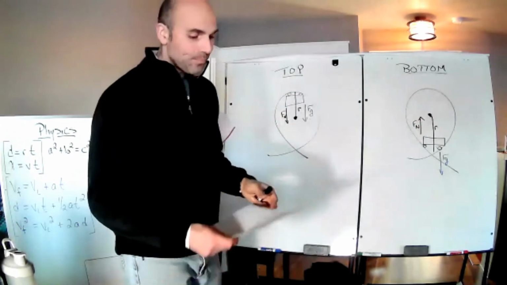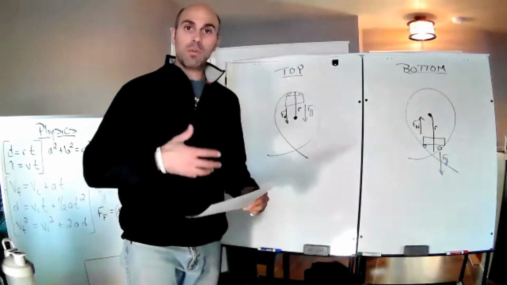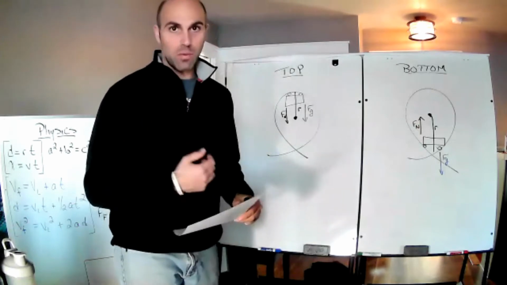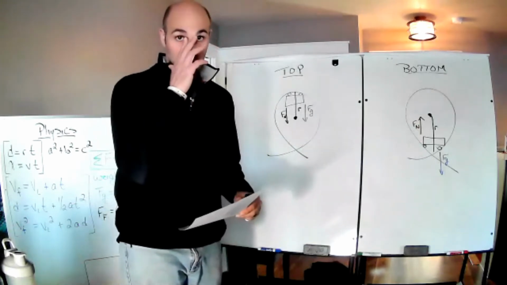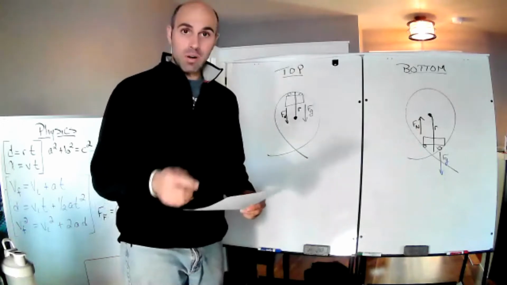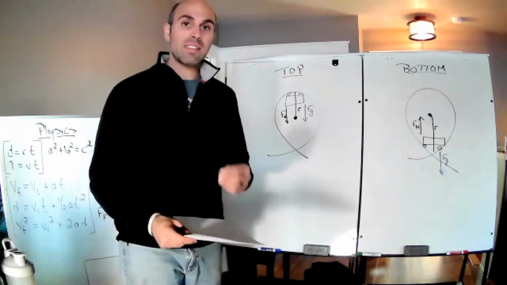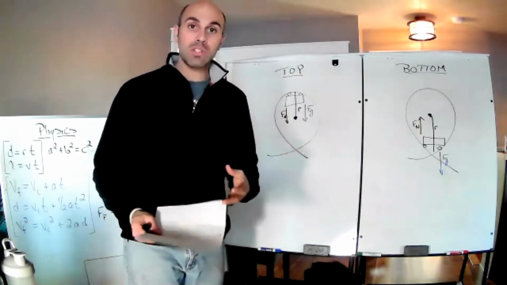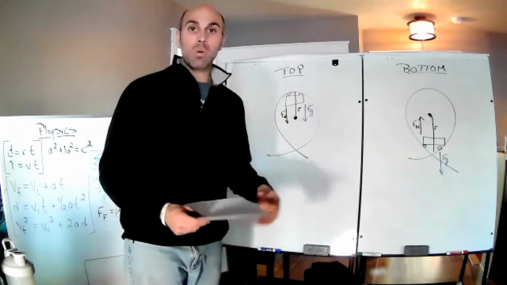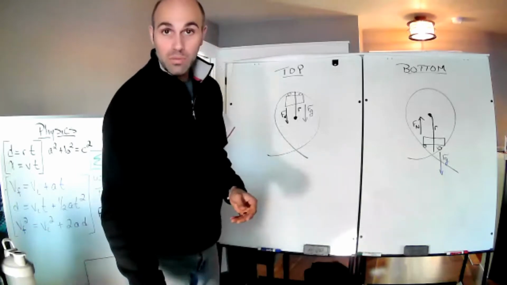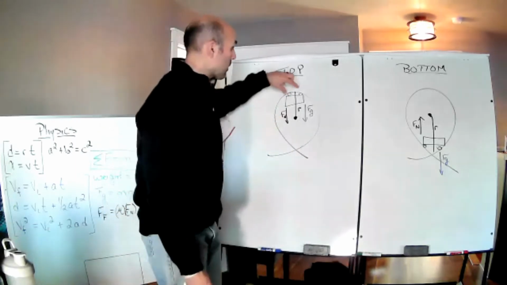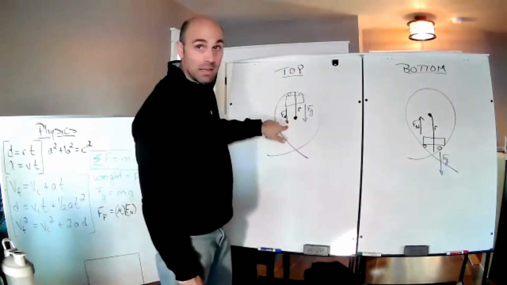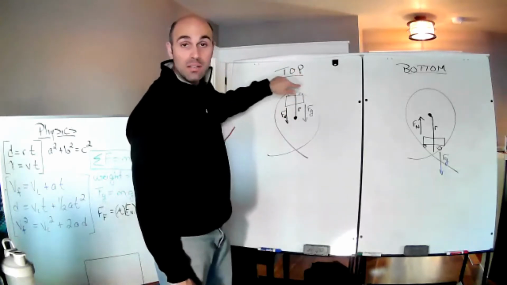All right. Now, there's one more force that I want to bring your attention to, and that is the centripetal force, F of C. Now, remember, when we first learned about F of C, we said that its identity could be any force or combination of forces that make an object go in the circle. Well, guess what? When an object is at the top of the loop, both the F of G and the F of N are making that object go in a circle.